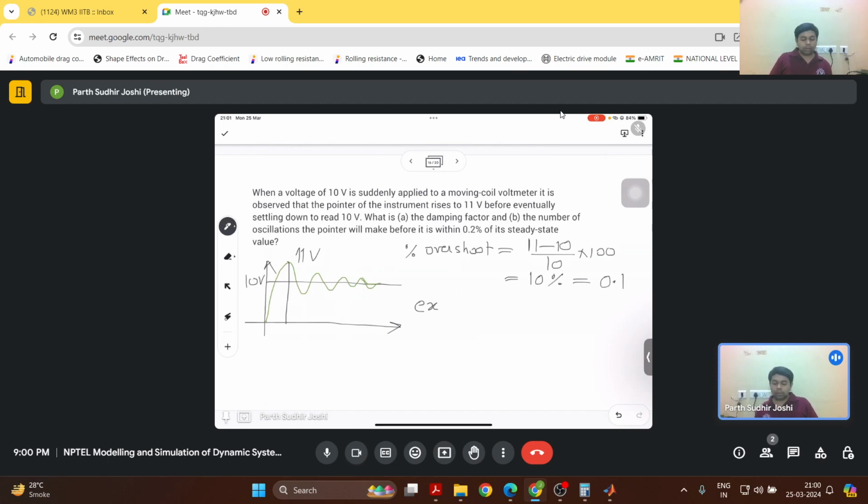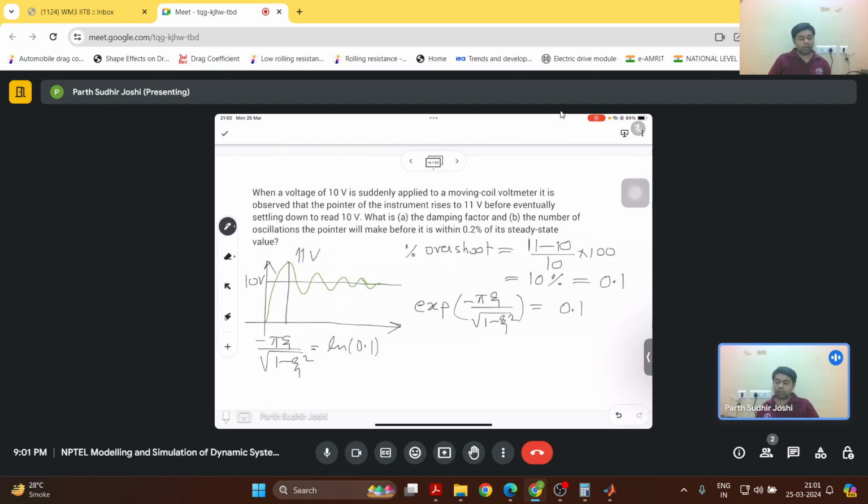So we can express this in terms of the damping ratio, similar to our earlier problem. And then take the log of both sides, so it will be minus pi zeta upon root of 1 minus zeta square is log of 0.1.